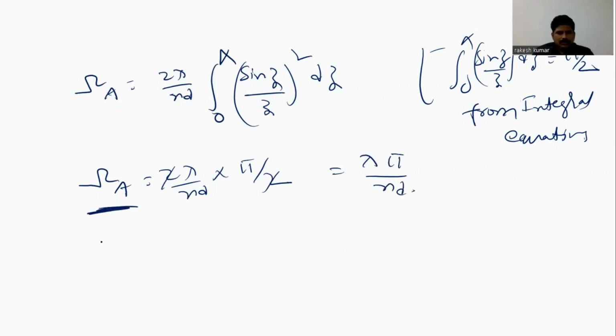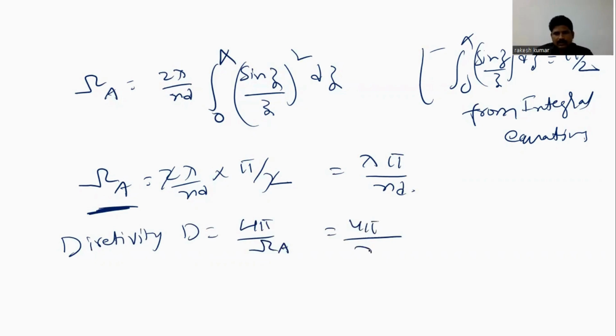Now you want to calculate the directivity. Directivity is equal to 4 pi by sigma a. What is the value of sigma a? Lambda pi by n. Pi will get cancelled, so it is 4 n d by lambda.